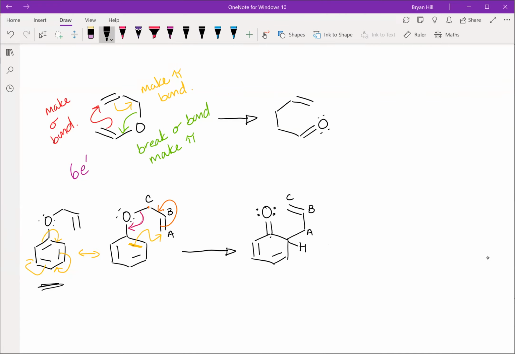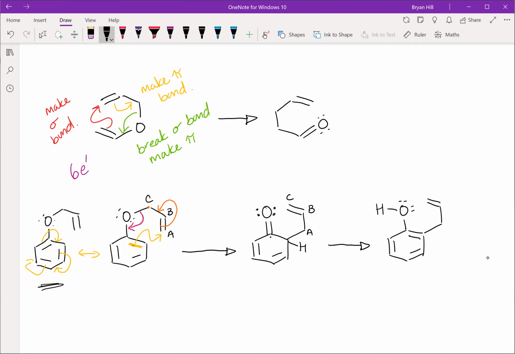It doesn't stay in this form very long at all. It quickly transforms into this. Actually, this quickly transforms into this.